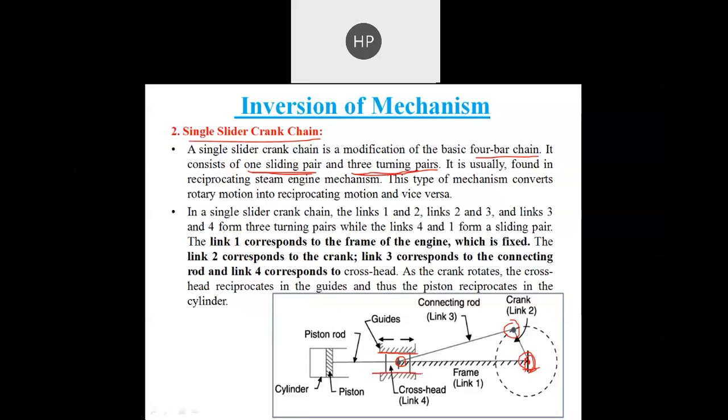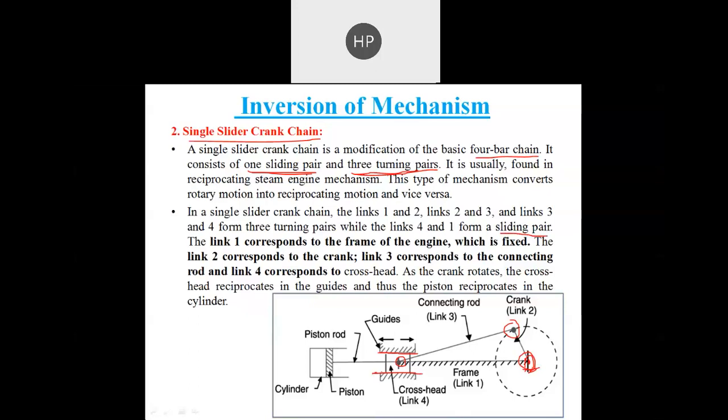This link has 4 pairs. Out of them, 3 are turning pairs and 1 is a sliding pair. Link 4 and link 1 produce the sliding pair here.